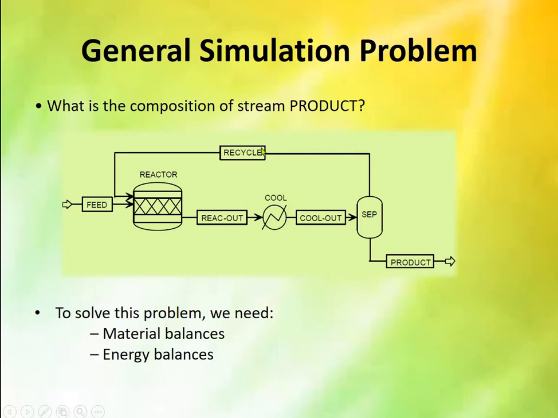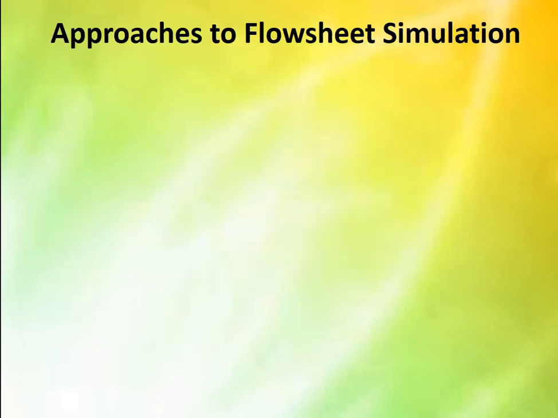So vapor generated is recycled back to the reactor and the bottom liquid is taken out as a product. Now the question is, what is the composition of this product? What is the purity of this product? To solve this problem, we need material balance and energy balance across this small flow, small PFD.